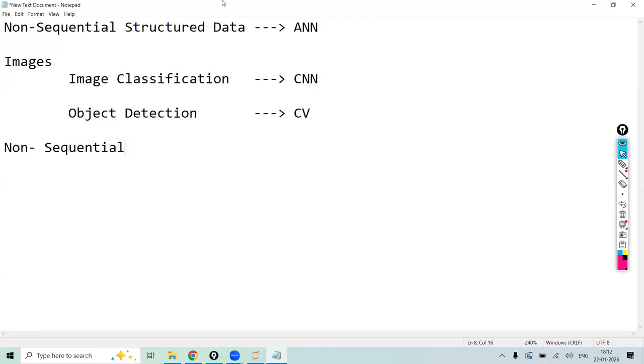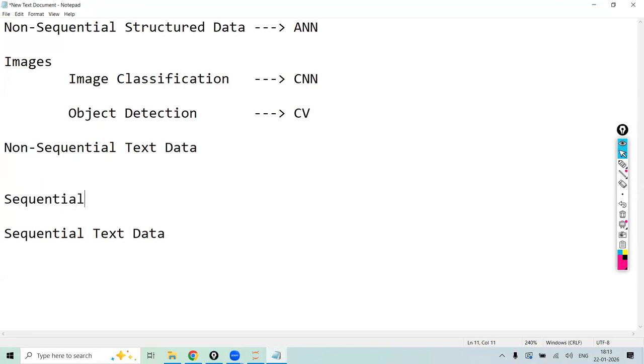Non-sequential means sequential order is not important. Non-sequential text data is available, and sequential text data is also available. Two things are there: sequential text data and sequential structured data.